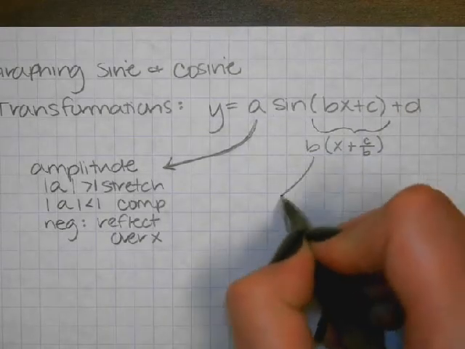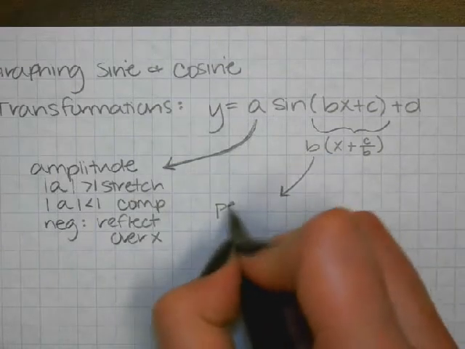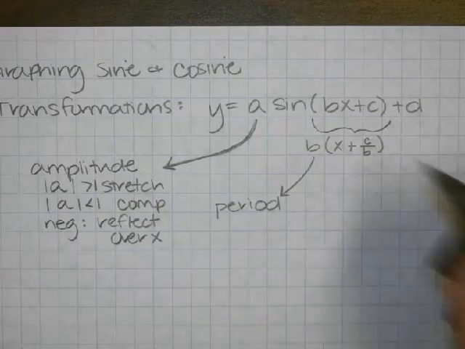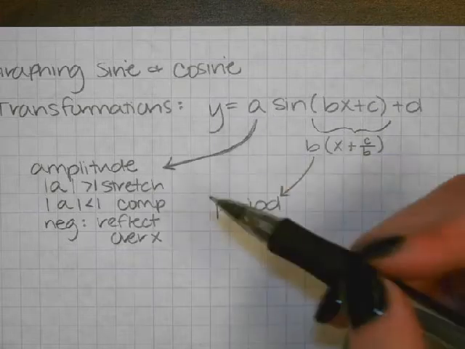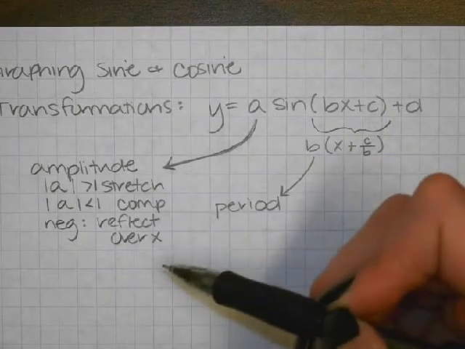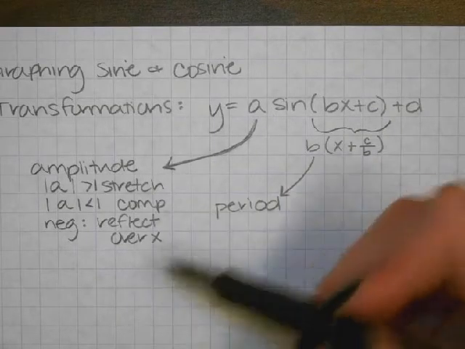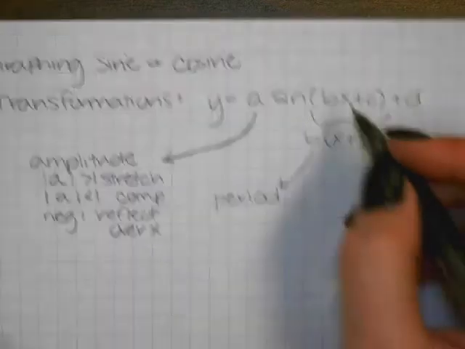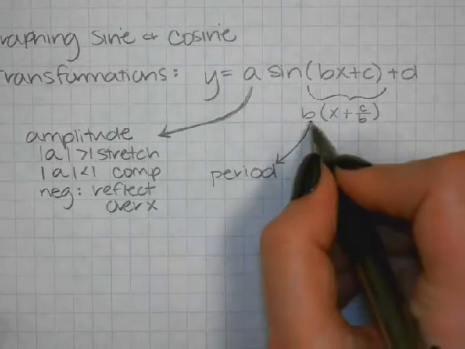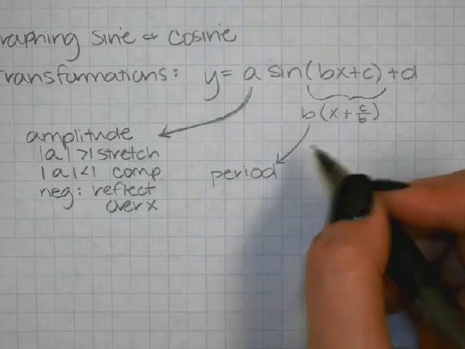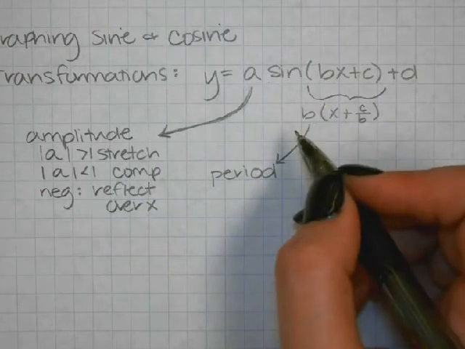The b value is the period of the graph, which is how long it takes for the graph to start in one place and do a cycle of its rotations and then get back to where it started. Okay, so just like before when we learned about horizontal stretch and compression, the numbers mean the same thing.